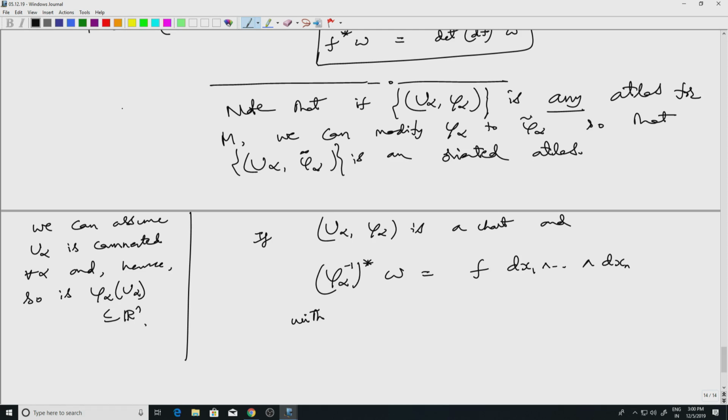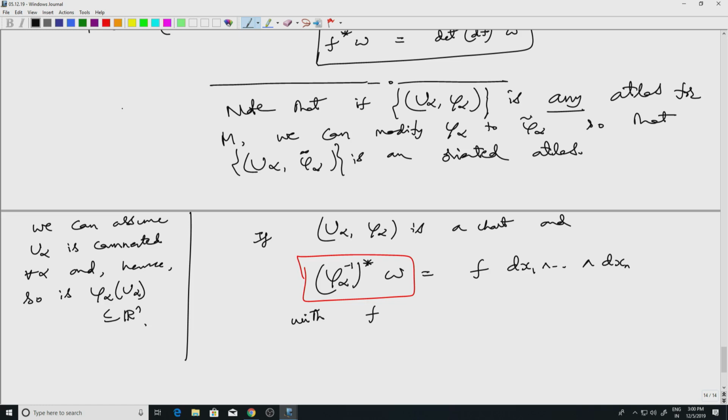Once it's connected, I know that this is a nowhere zero form. The left hand side is nowhere zero. Therefore, this function is nowhere zero. Hence, it's either strictly positive or strictly negative. If it's strictly positive, we are in good shape.